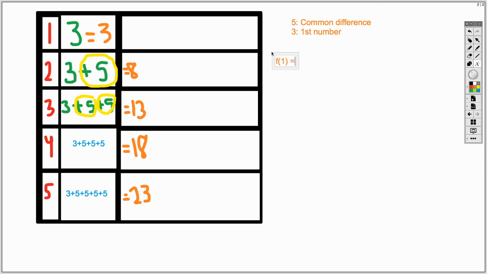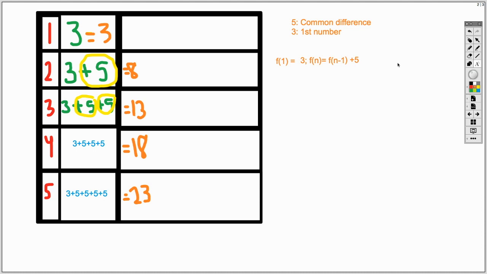F1 equals 3. Fn equals Fn minus 1 plus 5. This is a super random equation.